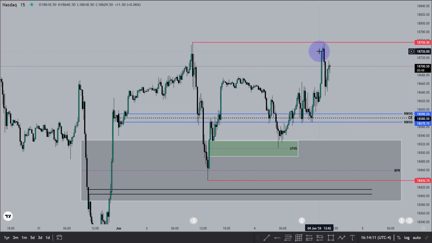Then market went higher. When market went higher, we didn't participate in this price action, and because I was bearish, I was only looking for sells. When market went higher and failed to take the Monday low, I was pretty much sure that it's gonna be an inside day. So on Tuesday, if your weekly bias is bullish and you see that market failed to take Monday low, in that type of situation, you will start to think that it's gonna be an inside day.